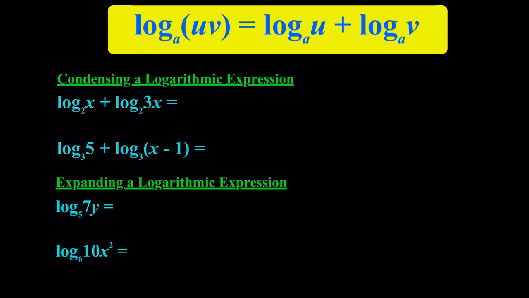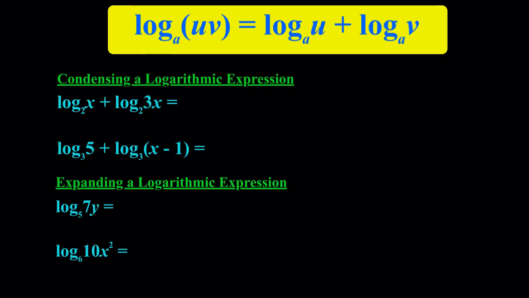The first one we're going to do is condensing the logarithmic expression. So we're going from 2 things being added together, and we're going to condense this from 2 logarithms down to 1 logarithm. So when you have addition with 2 logarithms where the base values are the same, you're going to multiply these 2 values here, u and v.